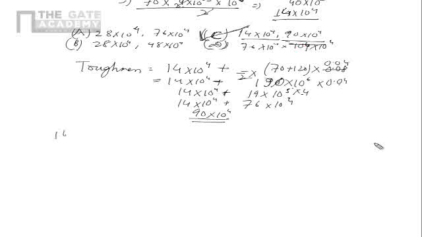Question number 16. A concentrated force F is applied on the tip of the bent bar shown in the figure below. So how is the bent bar shown? So the bent bar is like this. There is a fixed end here.